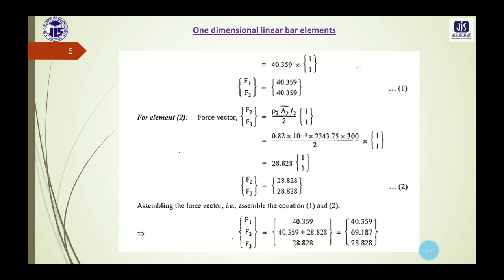On the left hand side we have the column matrix of F1, F2 and F3, equal to a matrix addition of the two. On the right hand side we get a column matrix of 40.3, 69.1 and 28.8.